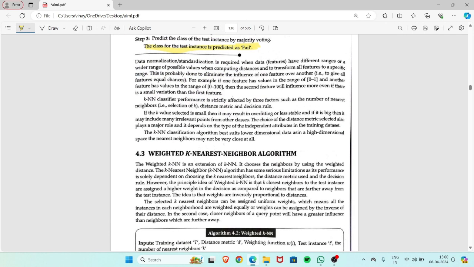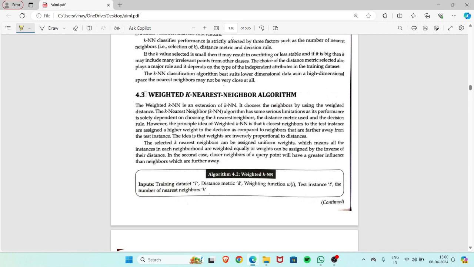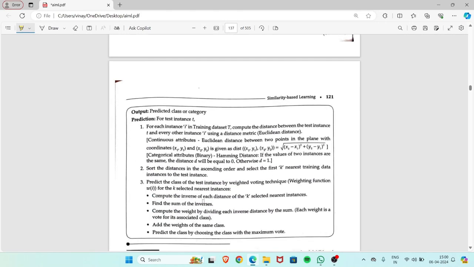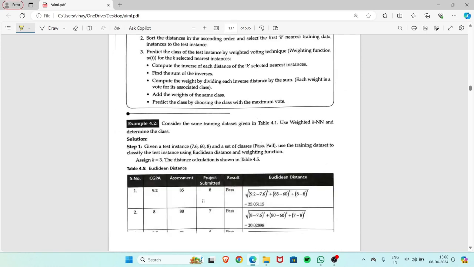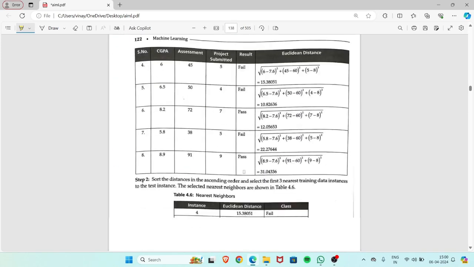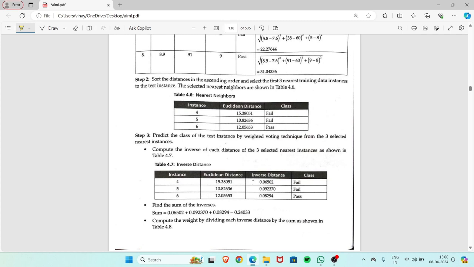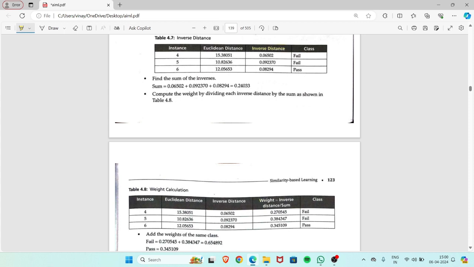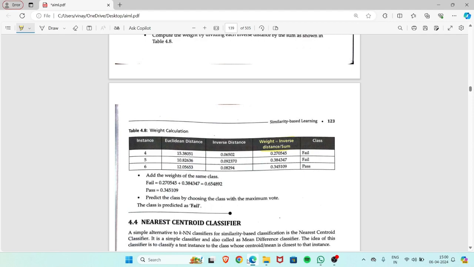Now we'll come to the weighted K nearest neighbor algorithm. Here everything is the same, but after the Euclidean distance you have to find the inverse distance, and after finding the inverse distance, you have to find the weight, and then predict the class.